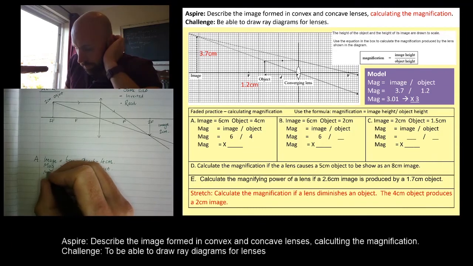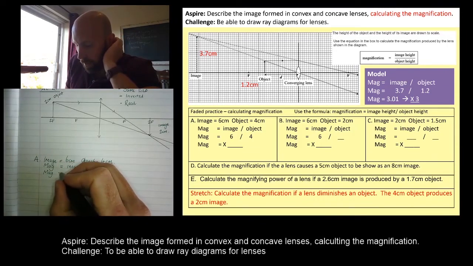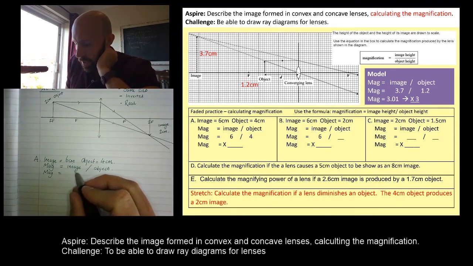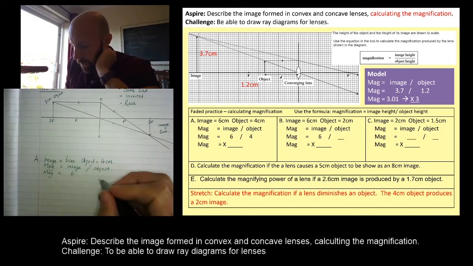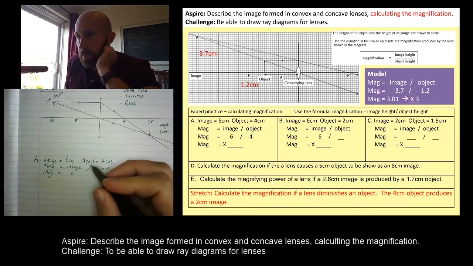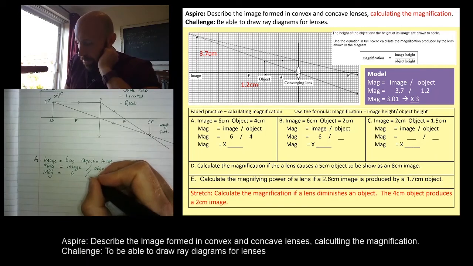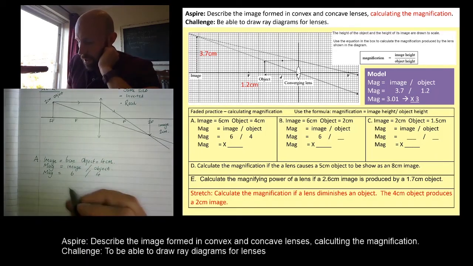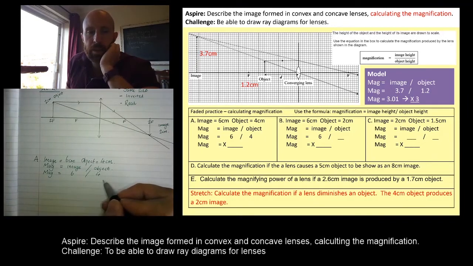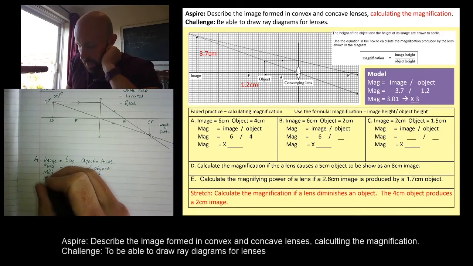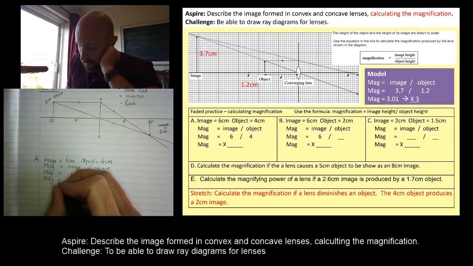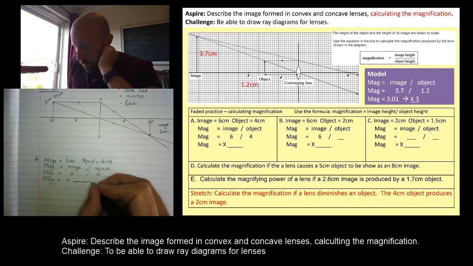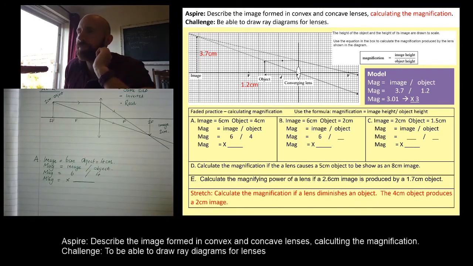So magnification equals, so the size of the image is 6 centimeters, so we'll just put that in there. We don't need to write centimeters. Divided by, so we just follow that sign down. The object, so 4, so magnification is 6 divided by 4, and it's now up to you to fill that in.